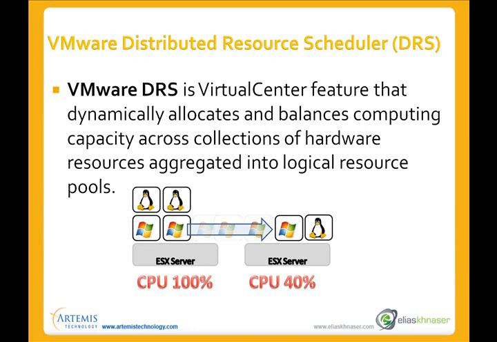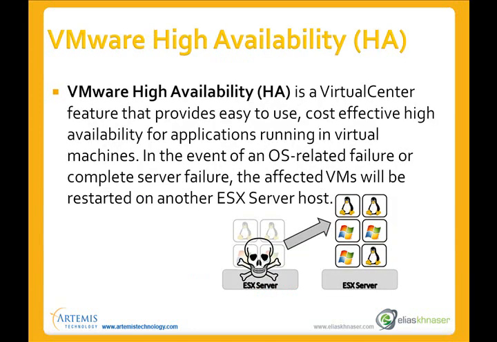Now speaking of availability, this brings us to another feature called high availability. What high availability allows you to do is, let's say you had a bunch of virtual machines that are running on host A, and all of a sudden host A completely fails. It will bring up those virtual machines on host B. Because host A and host B can both see the same shared storage, they both have access to the same virtual machine files.